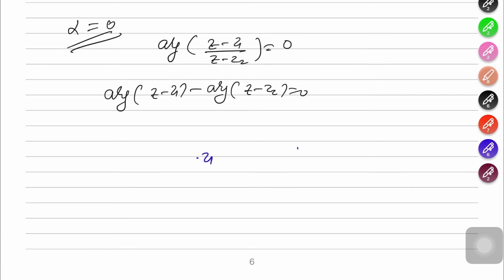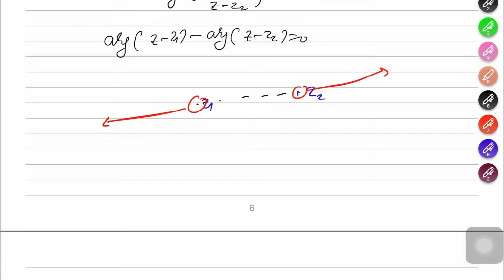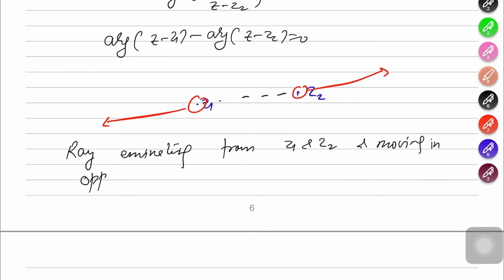Suppose this is z1 and z2, they represent a ray originating from z1 and z2 and moving in opposite directions, but not including z1 and z2.